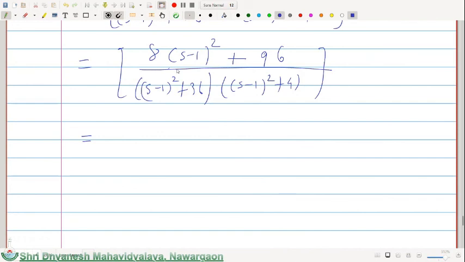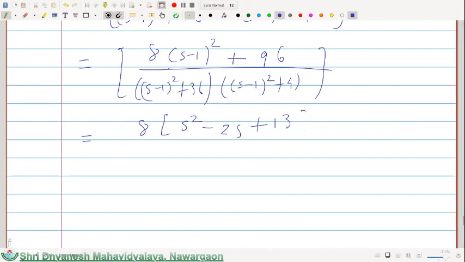So you can take 8 common here, so this is 8, and expand s minus 1 whole square also. This will be s square minus 2s plus 1, and as 8 has been taken common from 96, the number 12 will be left here, and this 12 plus 1 from here will be 13.